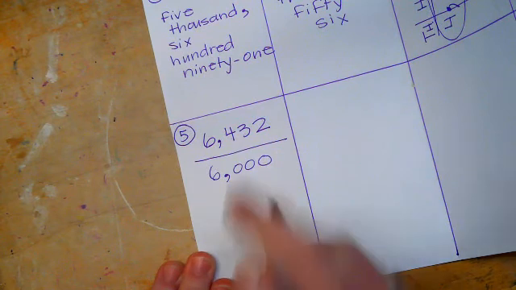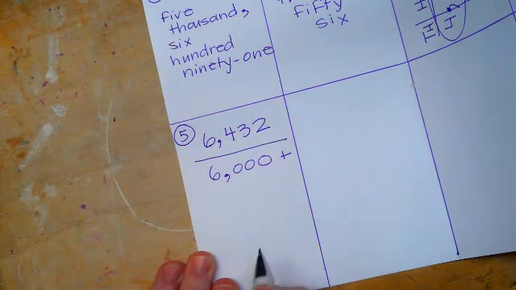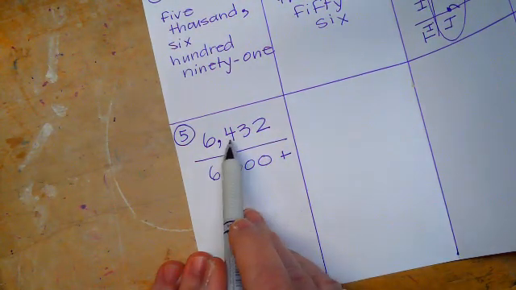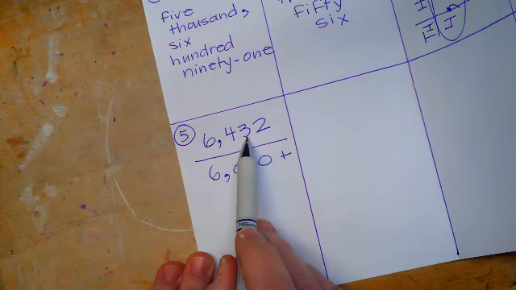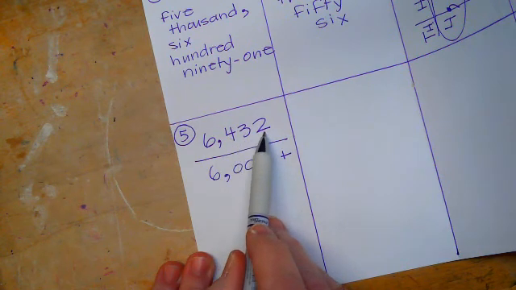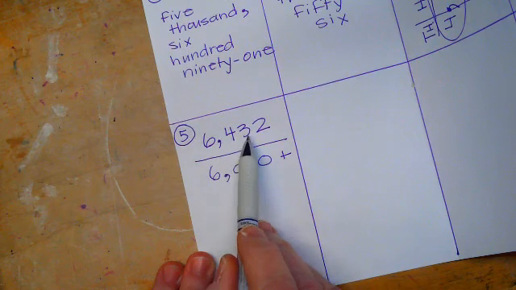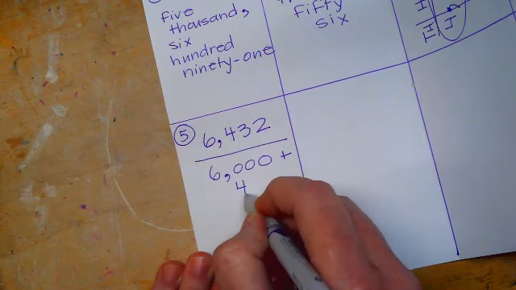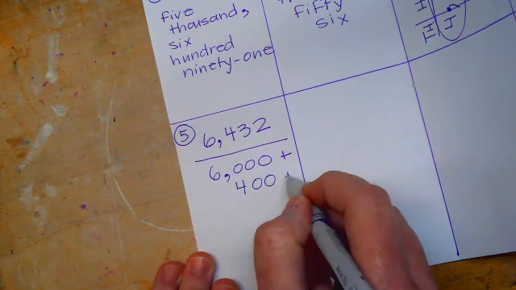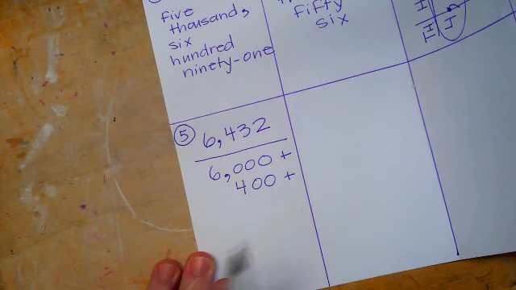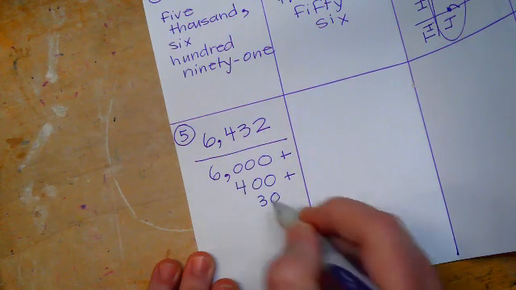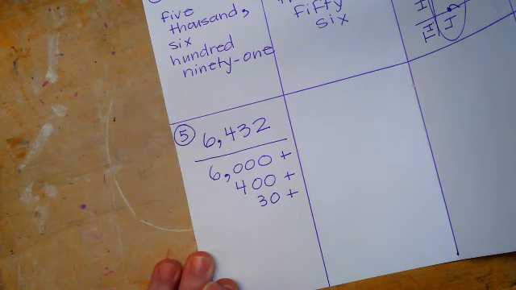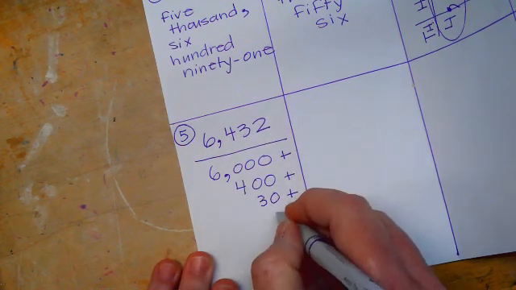I'm going to look how much the 6 is worth, and I'm going to put zeros in the rest of these places. So that 6 is worth 6,000. If I add that to the next number, this 4, if I put a 0 here and a 0 here and a 0 here, the 4 is worth 400, right?